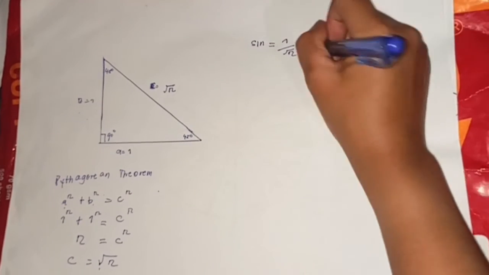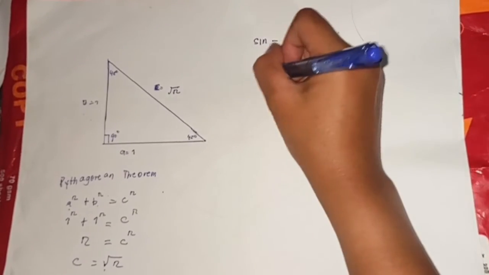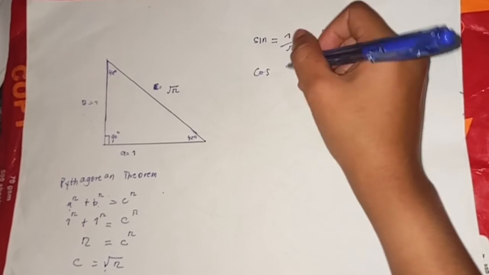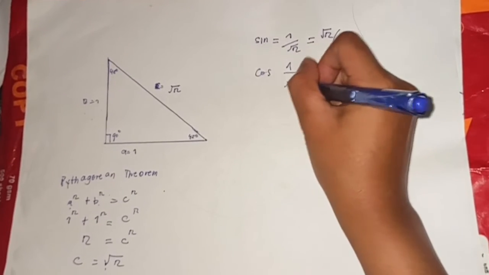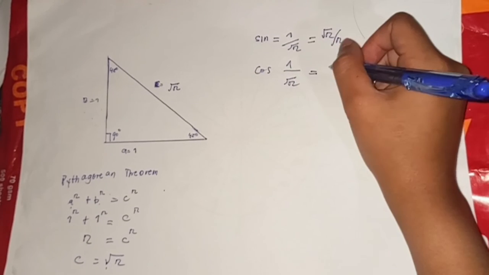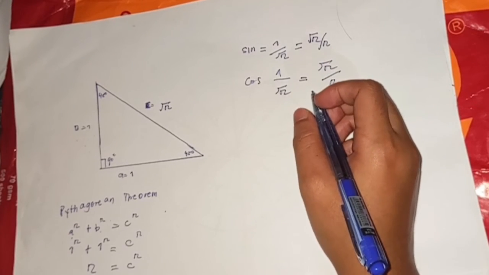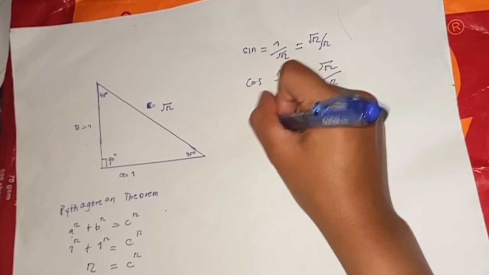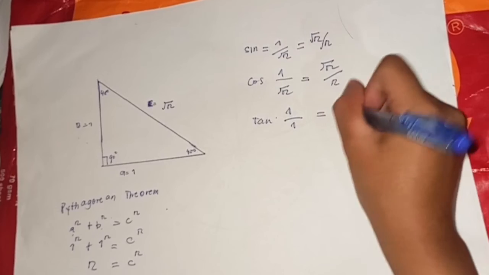So the sine is equal to root 2 over 2. And for cosine, we have adjacent over hypotenuse, so root 2 over 2. For tangent, we have opposite over adjacent, so it is equal to 1.